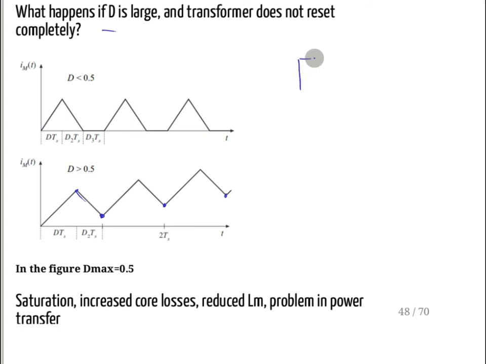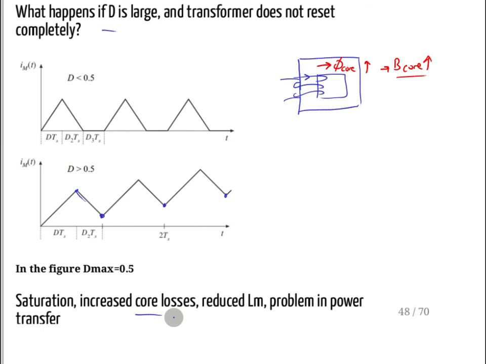Remember, at the end of the day, this is your winding, and whenever the magnetizing current flows, you will have some flux in the core, and that will keep increasing, and that will cause the B core to increase. Then you will saturate the core. First, the core losses are going to increase.